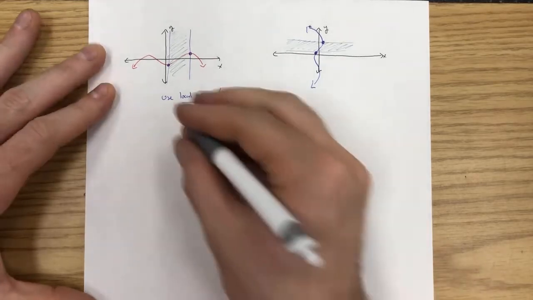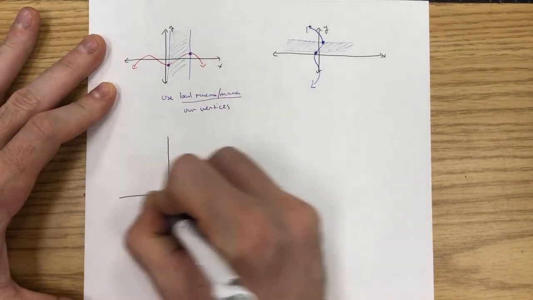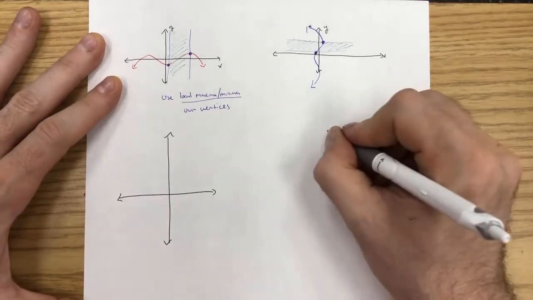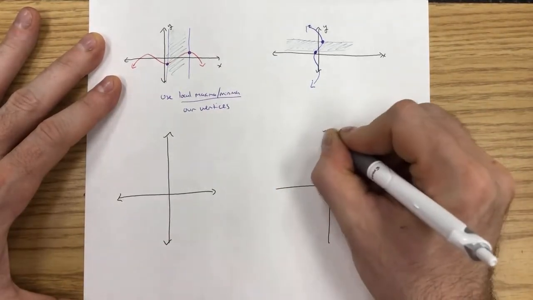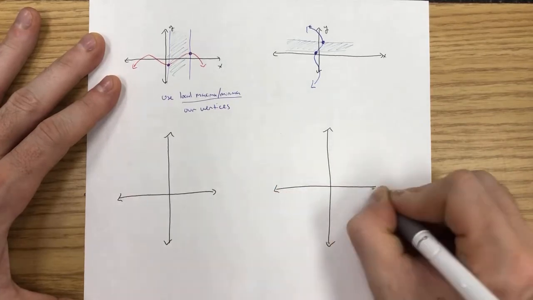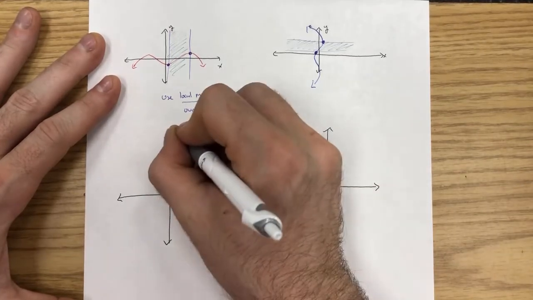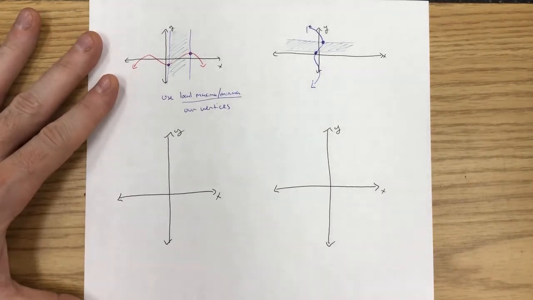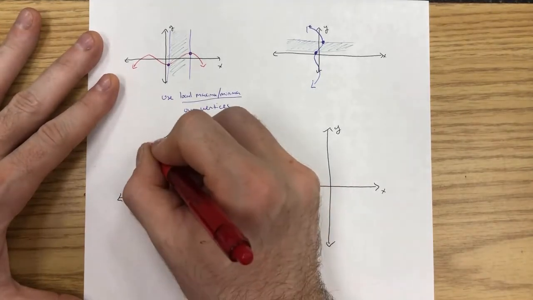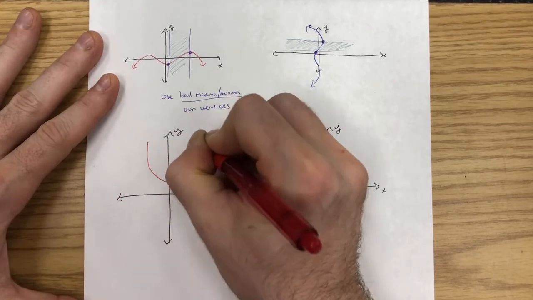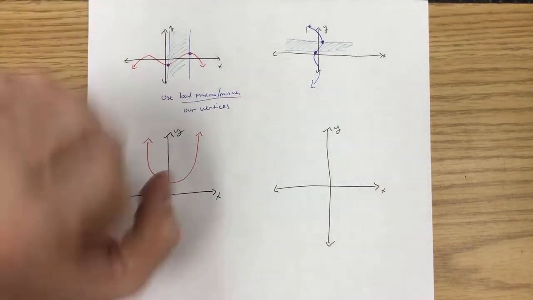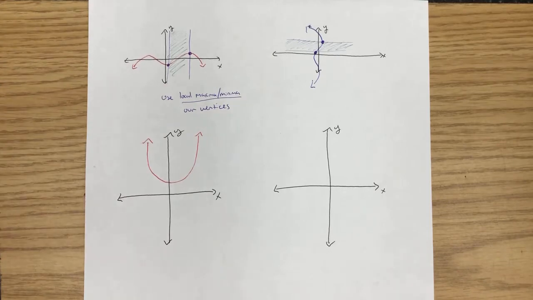So if we take the same idea with a quadratic: x, y, new x, new y, and we take a quadratic. Let's give a quadratic right here. So I know that all along this graph, this works as a function.